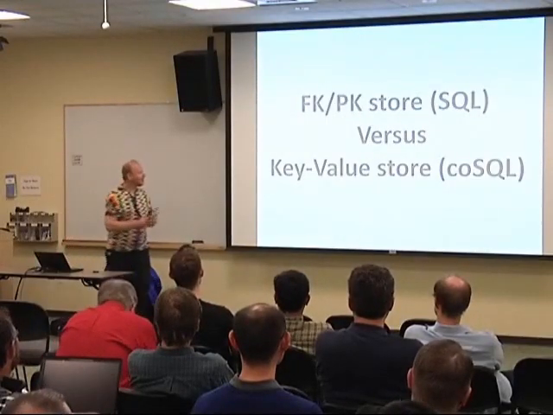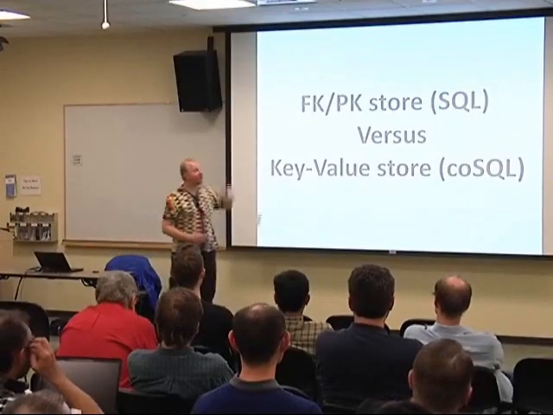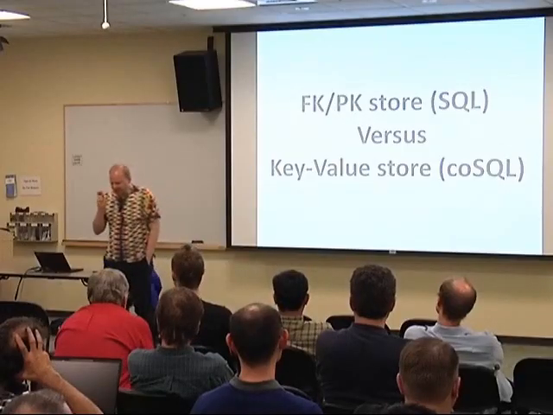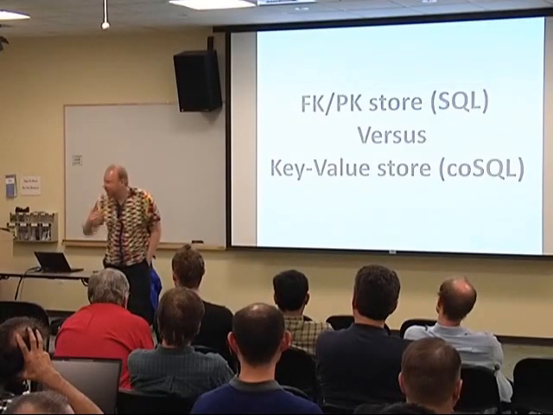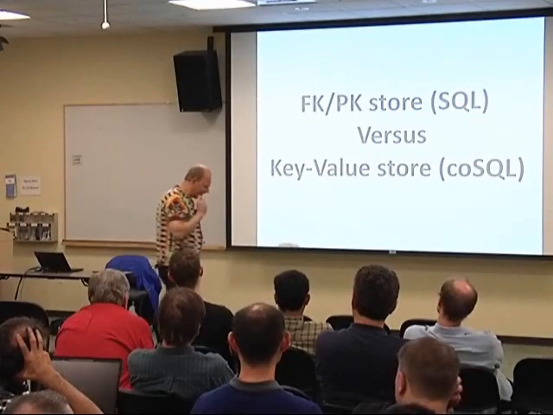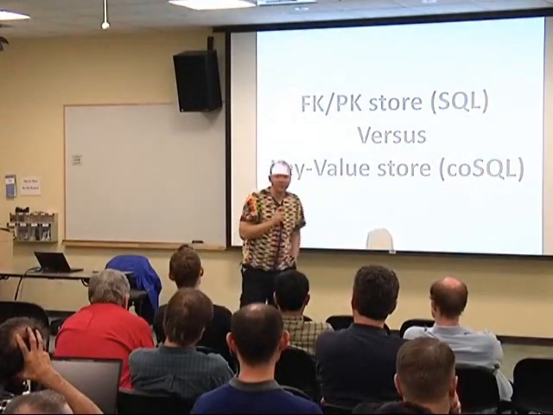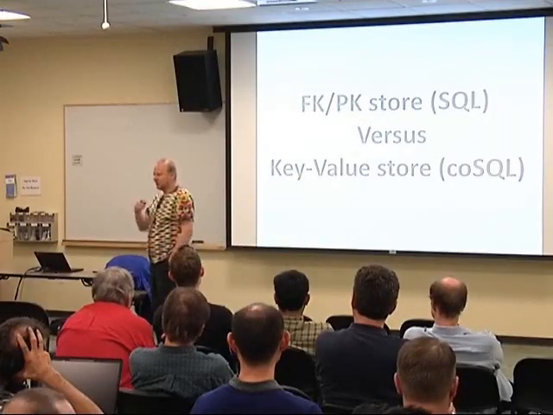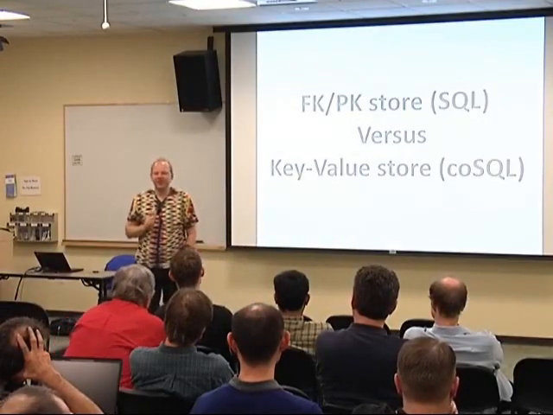So let's look at this thing. If you look at the essence of SQL, and maybe you guys completely disagree, but I think it is the case: every value in a SQL model must have a primary key.